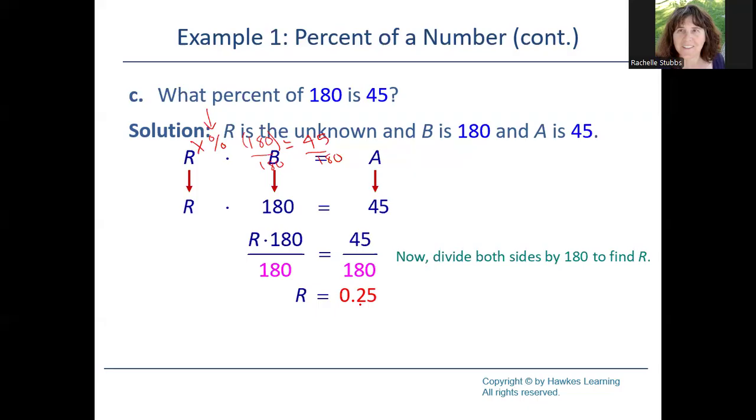And now that is the decimal, but if we're going to have to write it as a percent because it wants to know the percent, we then have to times it by 100 and it becomes 25%. And you need to be used to doing these things, changing from decimal to percent and percent to decimal. Okay?